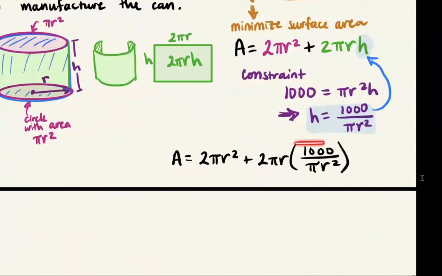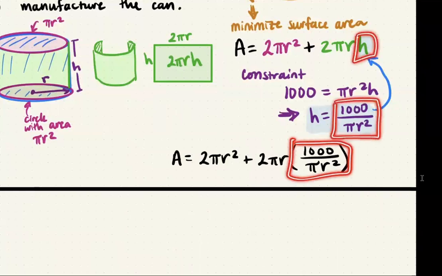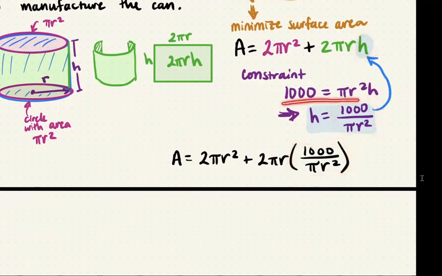And remember, this used to be h. I just replaced it with 1,000 over pi r squared because of this constraint on the volume. And this came from the problem statement. So you'll go back and read the problem statement, and that's how you'll come up with this type of constraint.